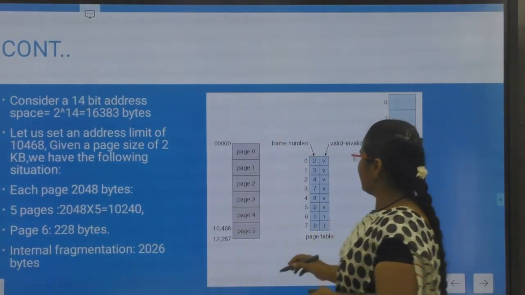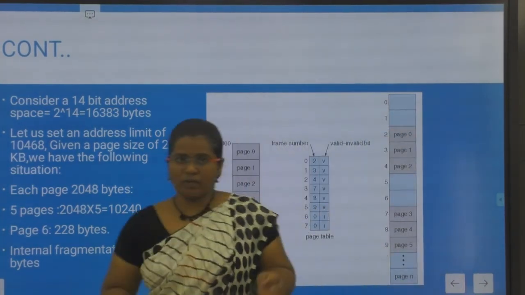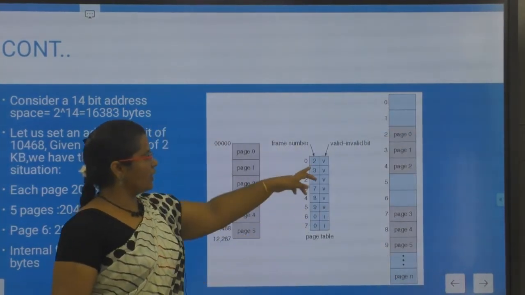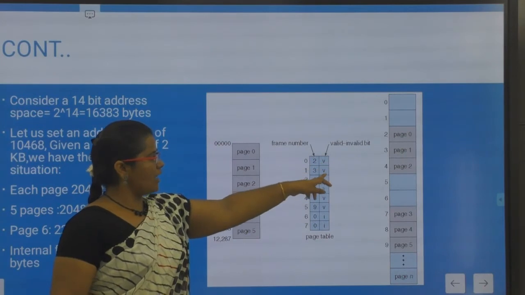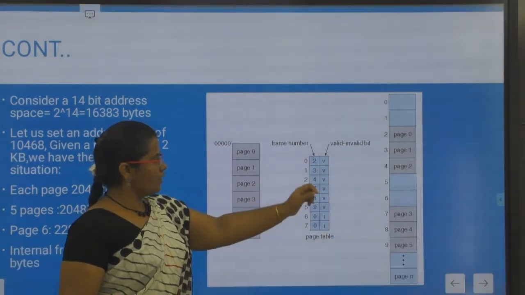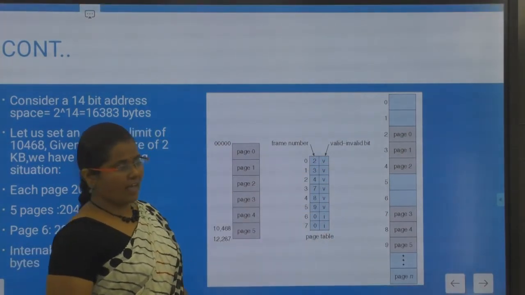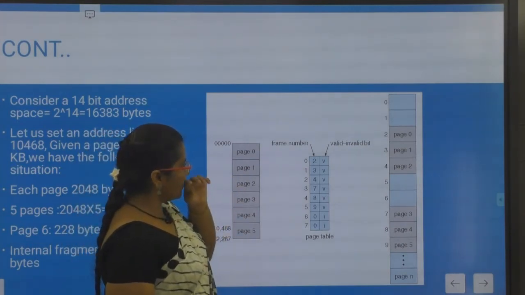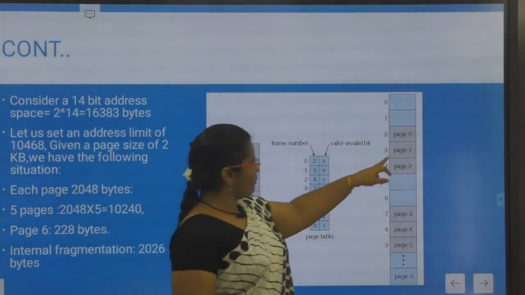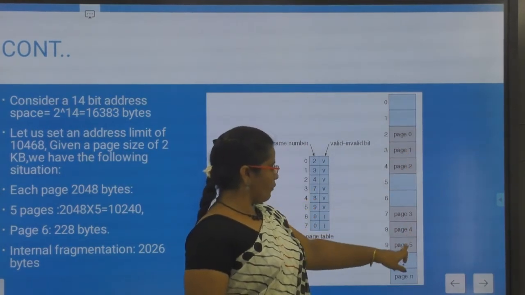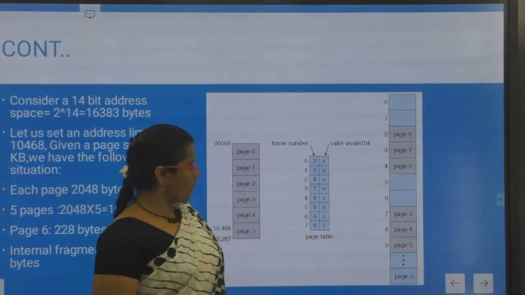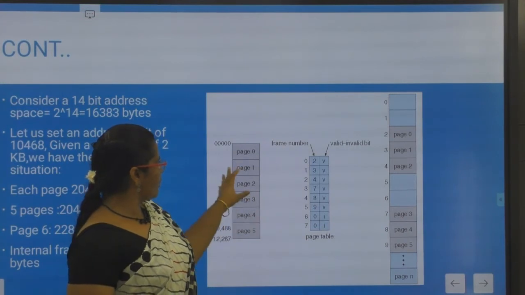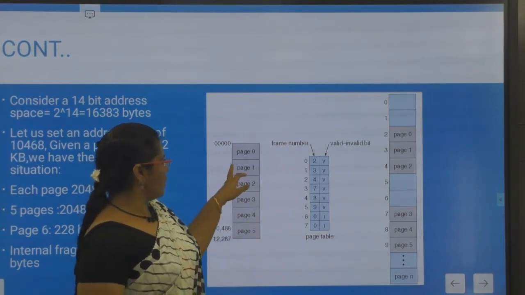So see here, now with the page table, instead of only the frame numbers, I'll also add one more bit of data called the valid or invalid bit. For each page, see here in main memory I have pages 0, 1, 2, 3, 4 and 5 of process P1.